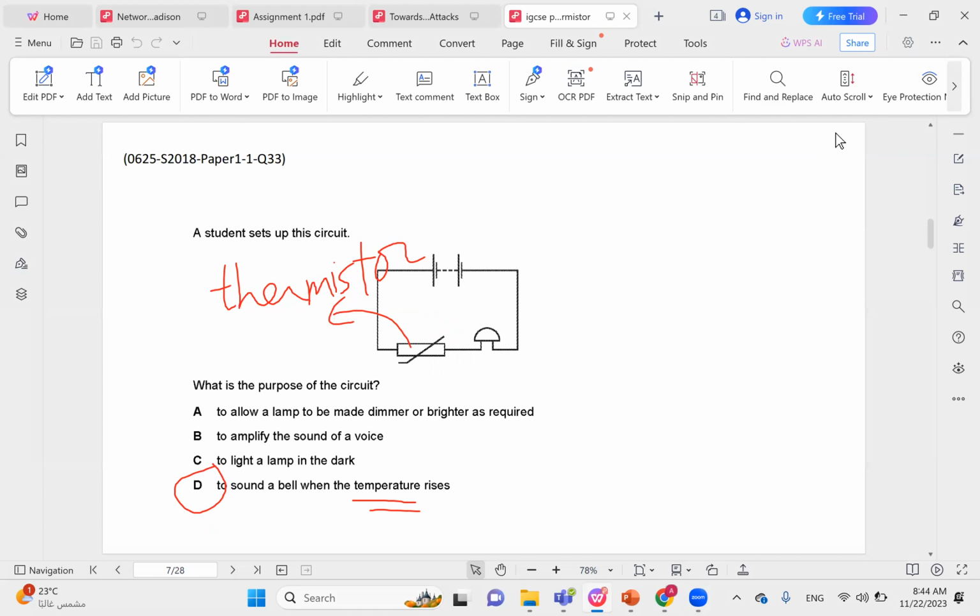Just for your information, this is achieved using what we call a variable resistor, because this controls the current and therefore controls the brightening or dimming of a lamp. To amplify the sound of a voice, this is an electronic device like a microphone, for example, or a loudspeaker. Microphone plus loudspeaker, maybe.